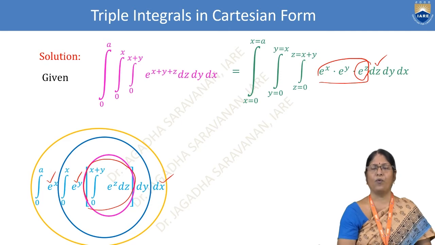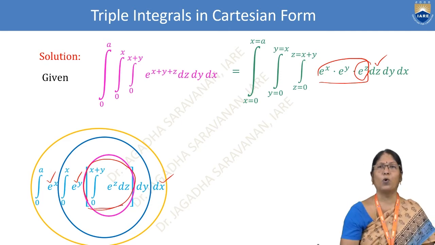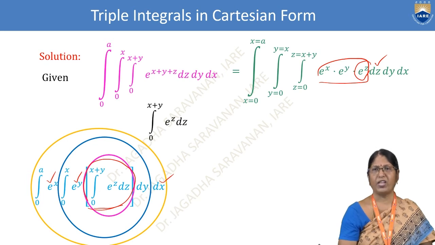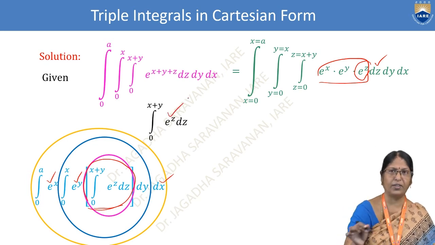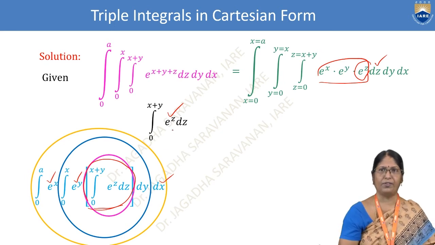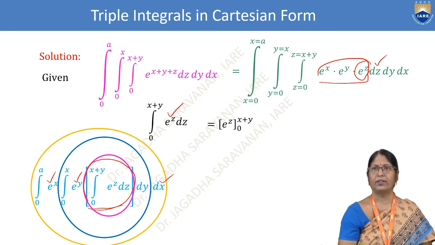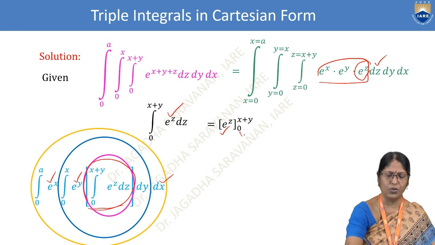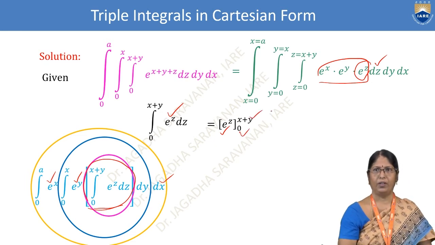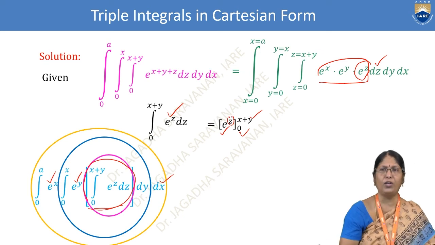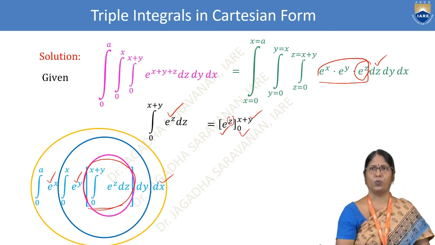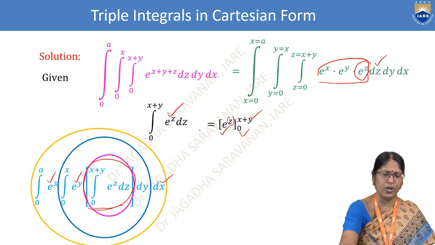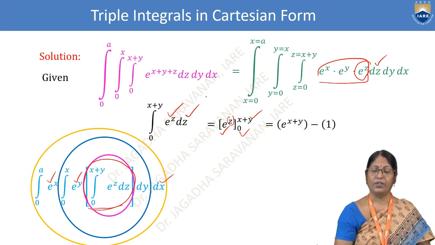So now we are going to focus on this innermost integration. We will write it separately. The integration of e power z, with limits from 0 to x plus y. So z takes the value x plus y as the upper limit, and we substitute it in place of z, giving e power x plus y.